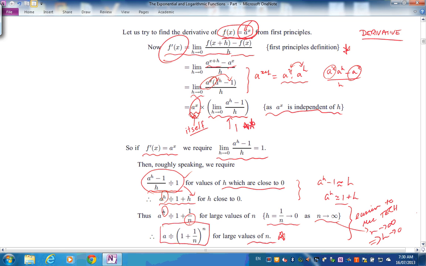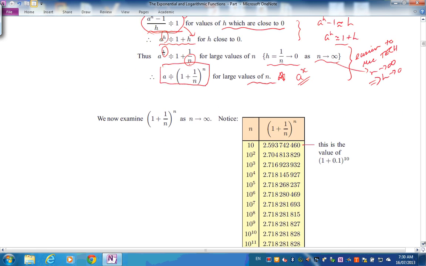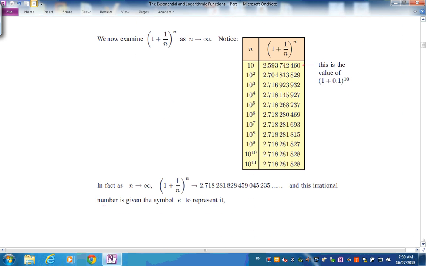Okay, so what we want to do now is see, is this possible? Is it possible to find a special a such that when it's the base of your exponential function, its derivative or rate of change function is itself? Interesting stuff. Come down and let's see what happens. Yep, here we have it.